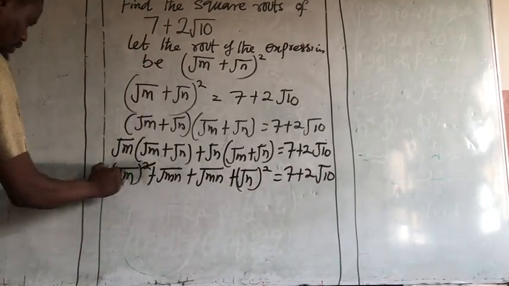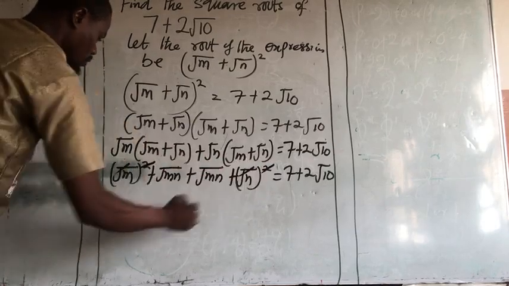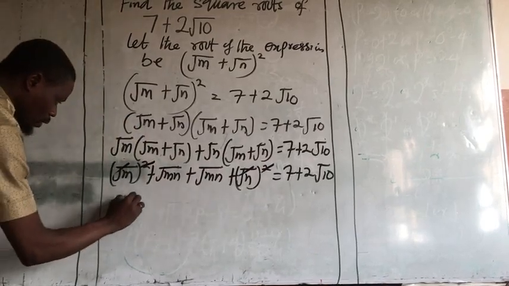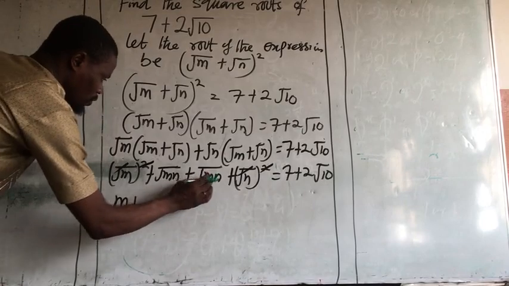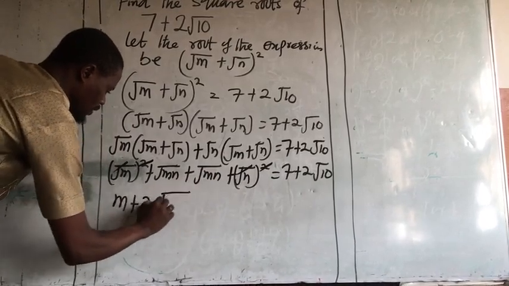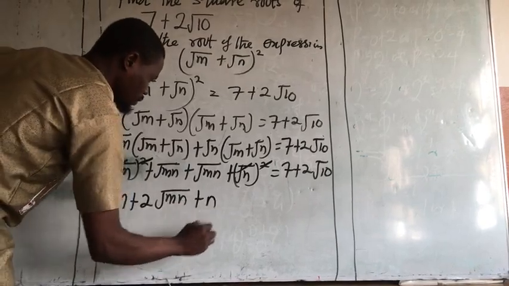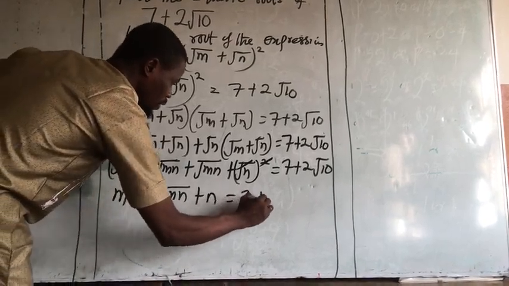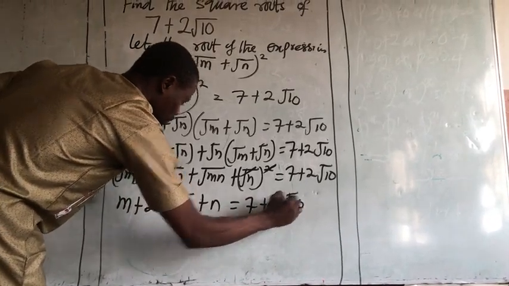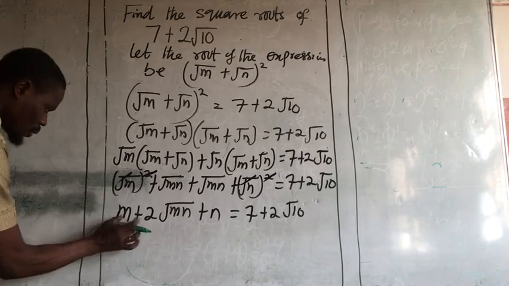Now this square will cancel the square root, this square will cancel the square root. We now have m plus root of mn plus root of mn, that is 2 root of mn, plus n is equal to 7 plus 2 root 10.